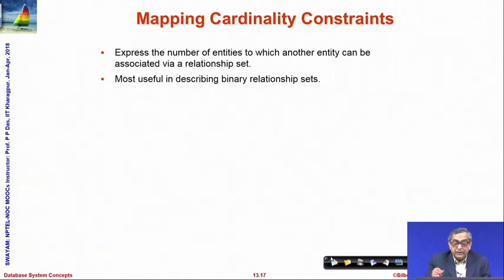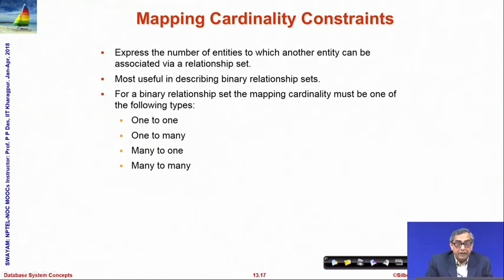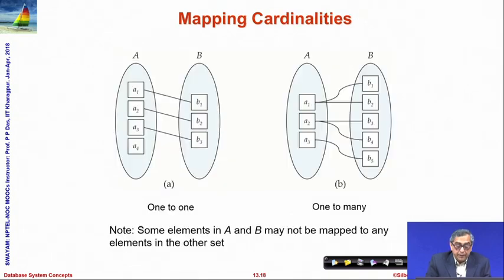Certain types of cardinality measures are very important to track, and we say whether it is 1 to 1, 1 to many, many to 1 or many to many. So, here are the examples or the schematics. In the first one, in diagram A, you see that every entity from the entity set A relates to exactly one entity in the entity set B, or you can say at most one entity in the entity set B.